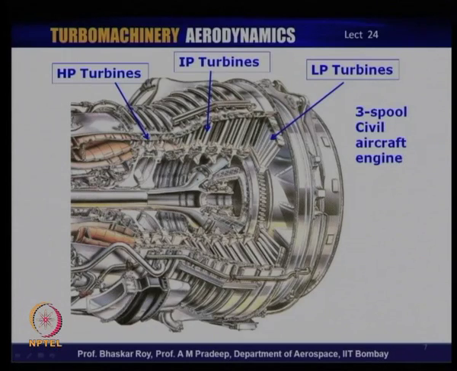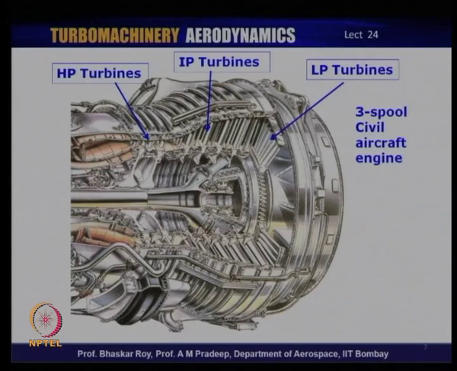This is of course your combustion chamber, where the gas is created, the fuel is burned, and then this supplies into the HP turbine, the high pressure turbine, which produces very large pressure drops, and then it goes into another set, which in this configuration is normally called intermediate pressure turbines or IP turbines. That is a set of about 3 stages, and then finally, it goes through the low pressure turbines or LP turbines.